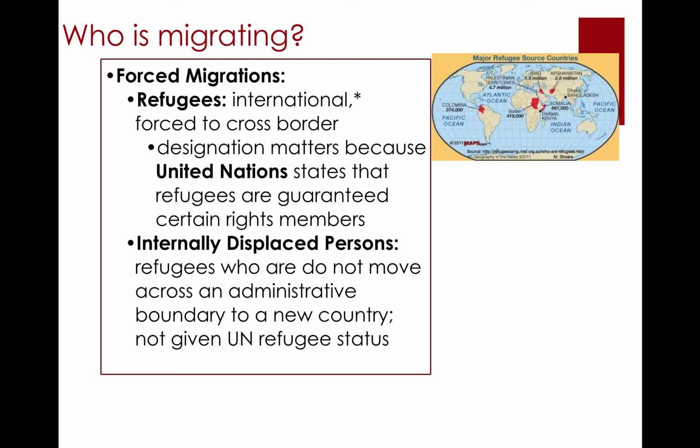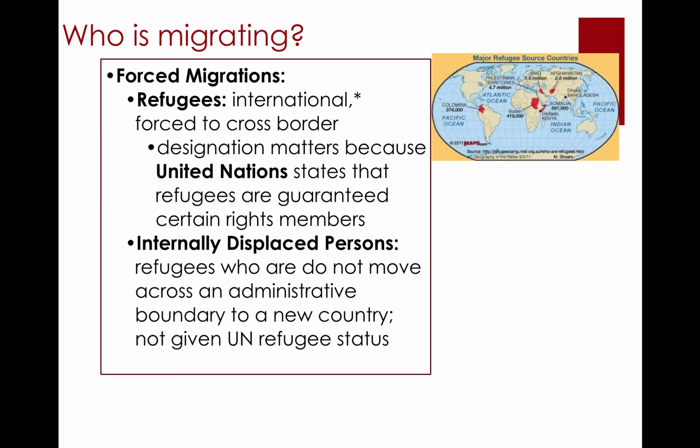They're not given the UN status, but this certainly leaves a complicated position where they're fleeing a place where they're not safe, they're not well cared for, and without the refugee status, the only one responsible for taking care of them is the government, who in all likelihood is the cause of their problems. So we have these groups, and the flows of migration of refugees and internally displaced people.